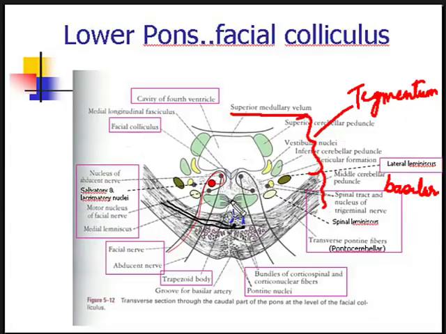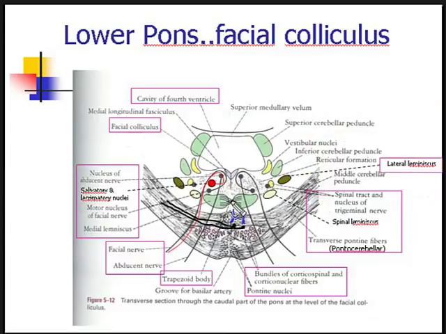Now let's look at this section and confirm everything that we discussed so far. So I'm going to remove that, and let's start from here. Again, the gray matter is broken up into little islands, and you don't see a typical gray matter, and we saw how in the medulla, you had these little bits of gray matter.